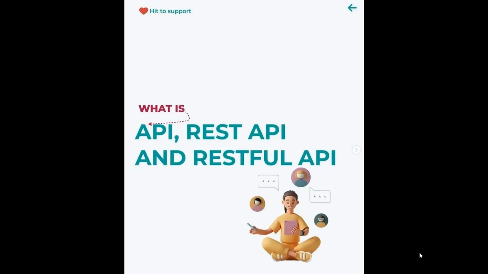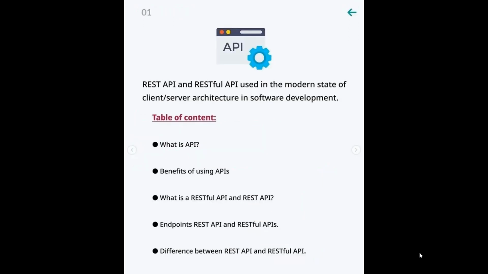So today we are going to see what is API, REST API and RESTful API. I created a beautiful PPT for you guys so you can simply understand. We are going to discuss some important topics like what is API, benefits of using APIs, what is RESTful API and REST API, endpoints of REST APIs and RESTful APIs, and last, the difference between REST API and RESTful API.